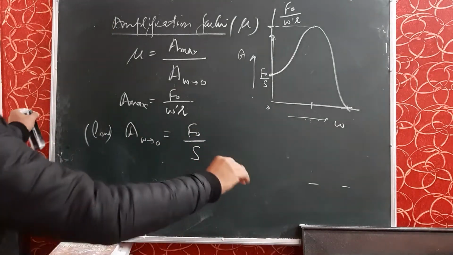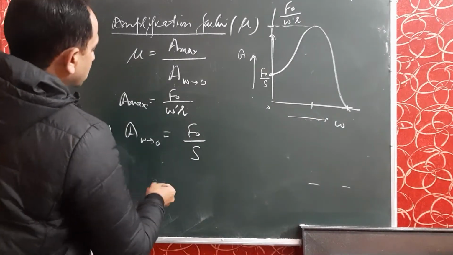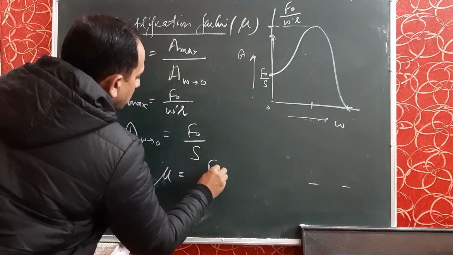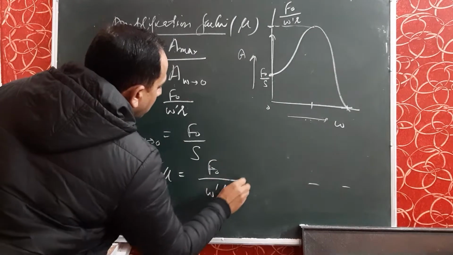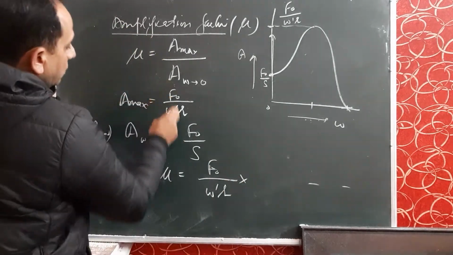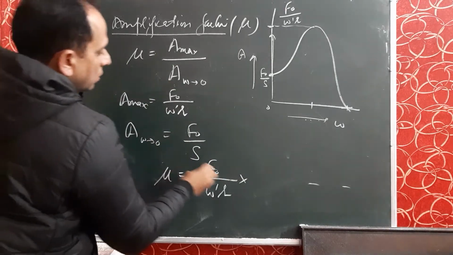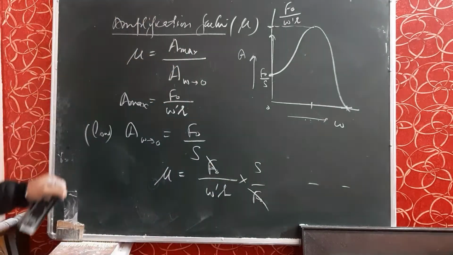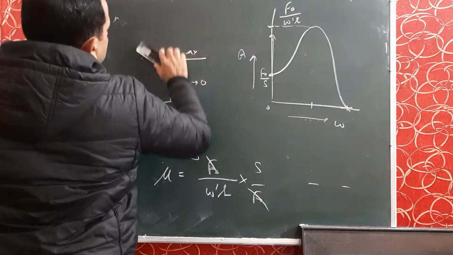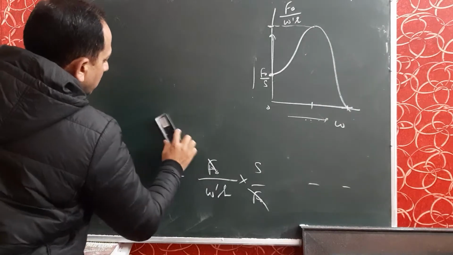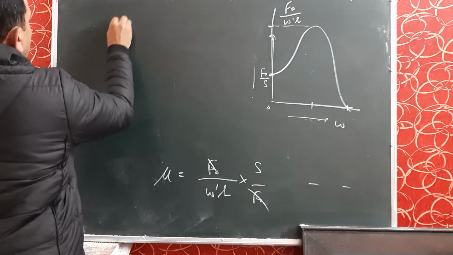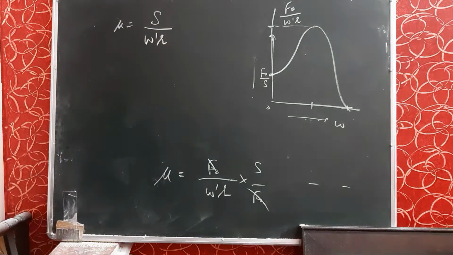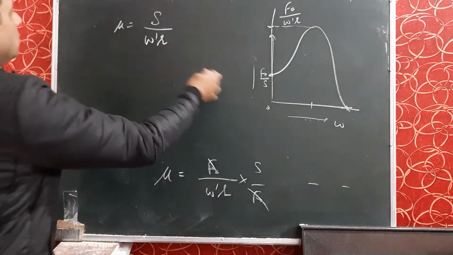Putting these values in the above equation, we get mu is equal to f naught over omega dash r over A at omega tends to 0, that is f naught by s. f naught cancels with f naught, and the remaining term is mu is equal to s over omega dash r. What is omega dash?